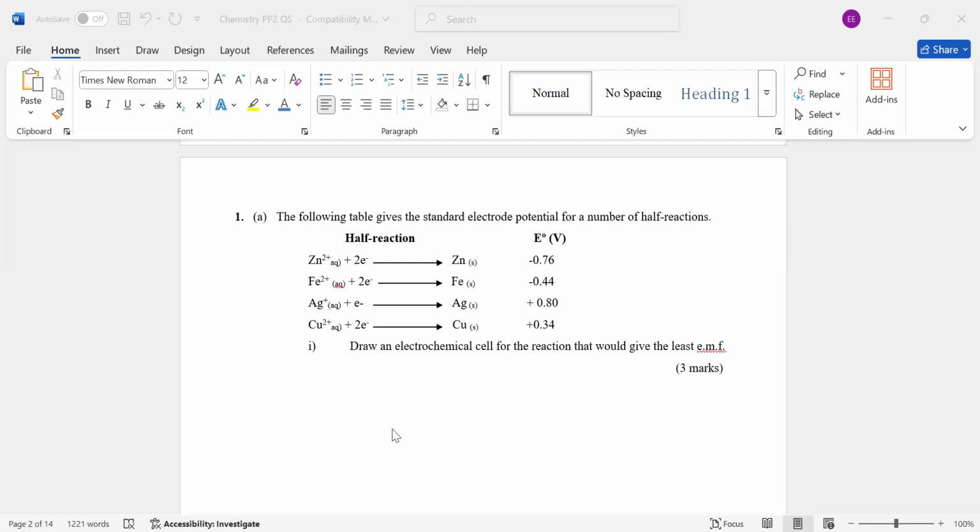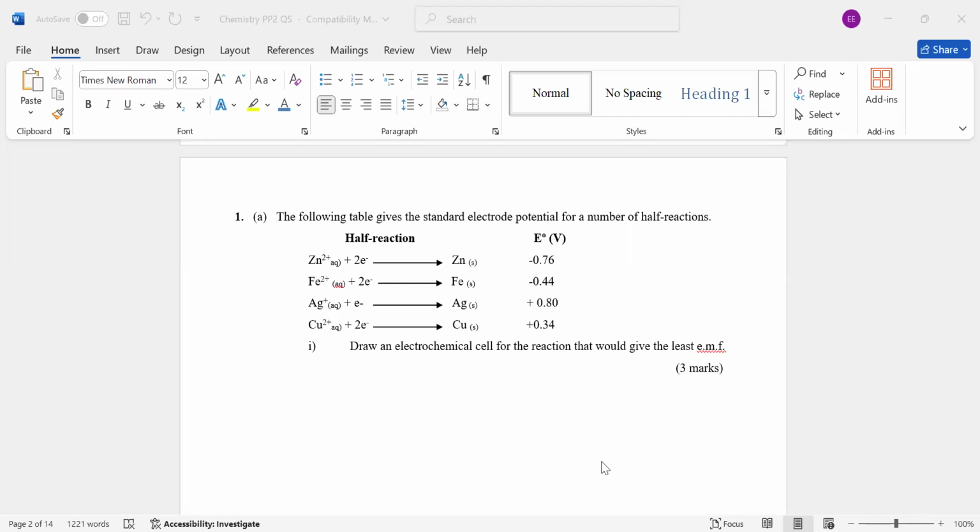Draw here, and remember, these rods, which are the electrodes, are dipped in a solution of their own ions. So if you're drawing your zinc on this side, the zinc should be the electrode, and that electrode is dipped in a 1 molar solution of zinc ions.